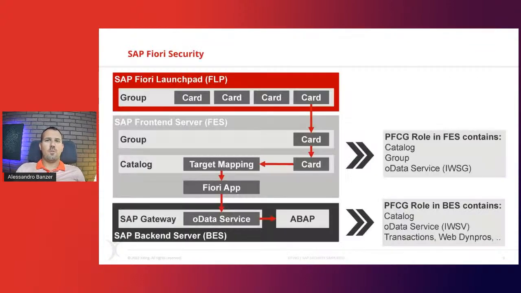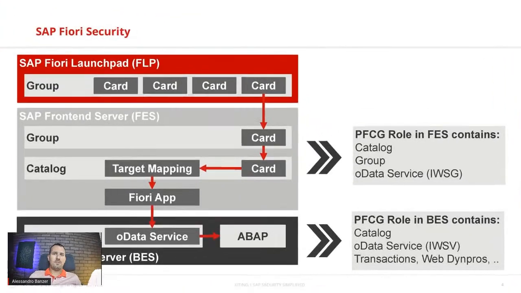When it comes to Fiori, obviously we're not only implementing Fiori, we also have to maintain Fiori. And maintaining Fiori means there might be authorization issues. There might be situations where the end user has a problem that needs to be solved, and those problems can happen in different places. With Fiori, we have a little bit of a different architecture than we're used to from the SAP GUI, when we're just using SAP GUI transactions, for example.